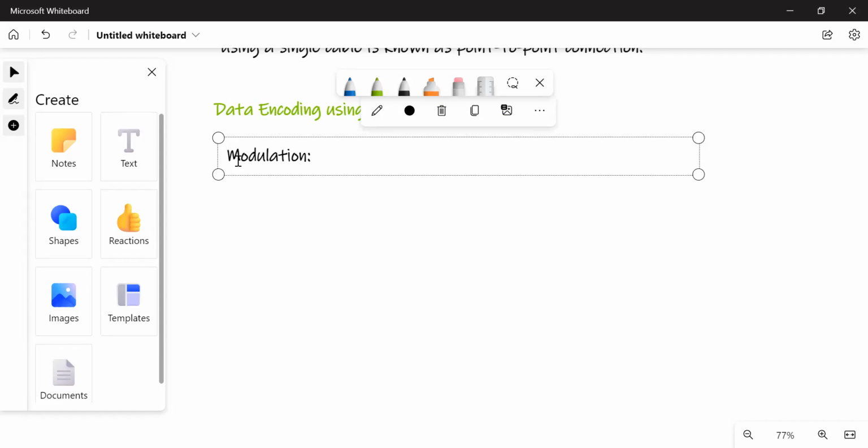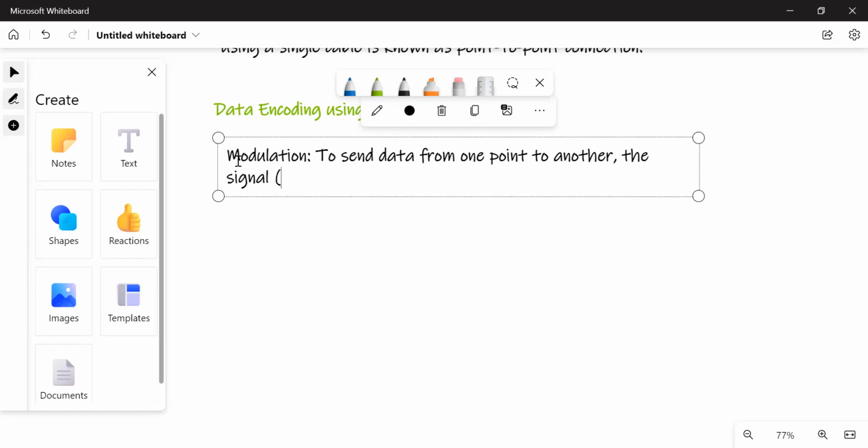Right. So when we say modulation, we can say to send data from one point to another, the signal, modulating signal, that means what we want to say, right?